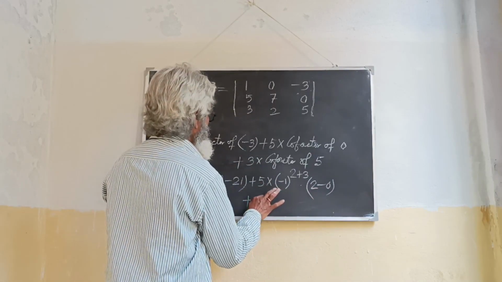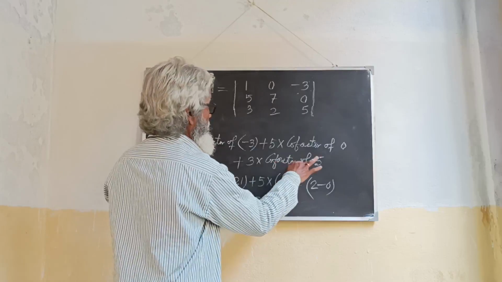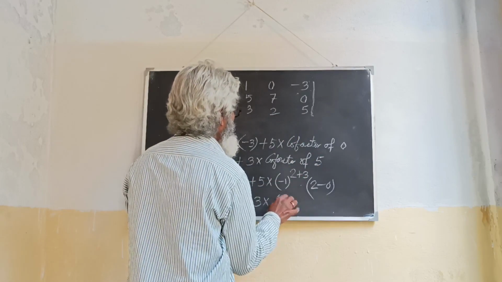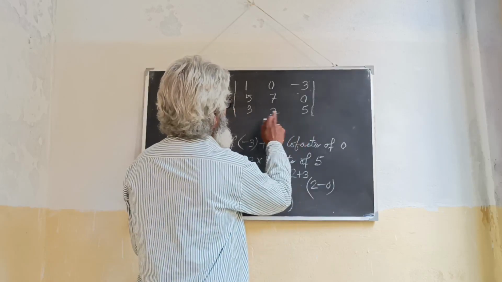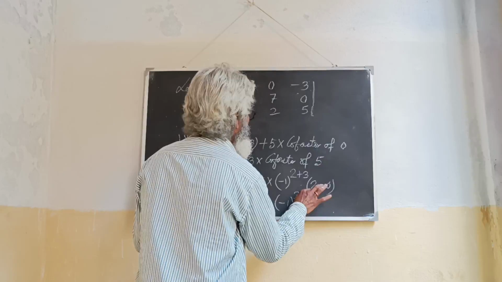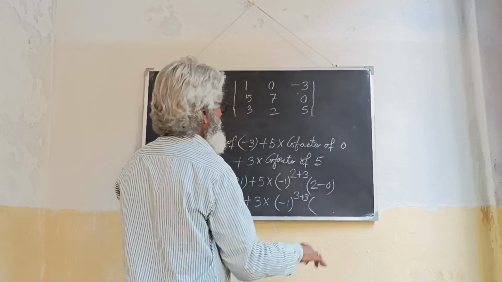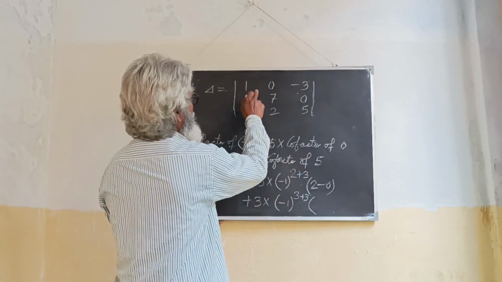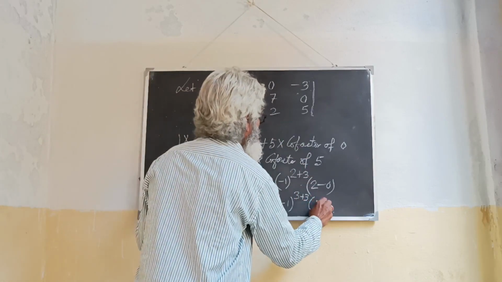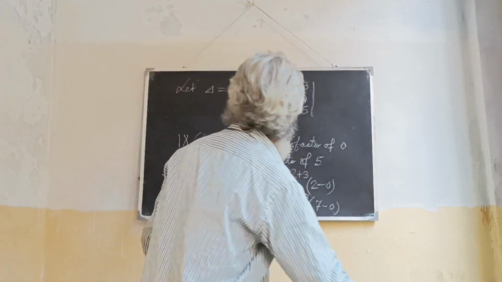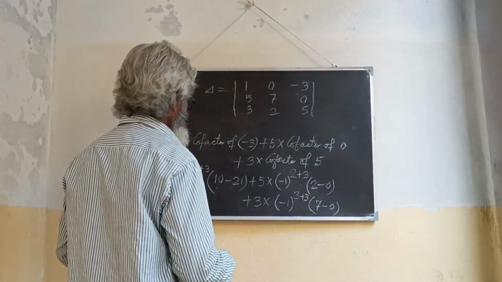Plus 3 into cofactor of 5: minus 1 whole to the power 3 plus 3, since 5 belongs to third row and third column, into 7 minus 0. Now you see what happens.